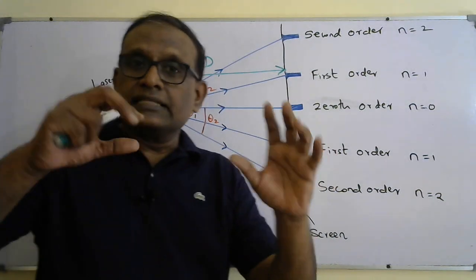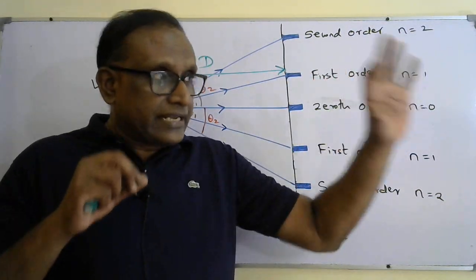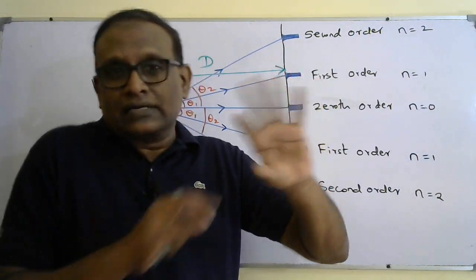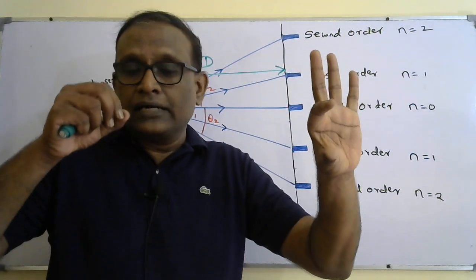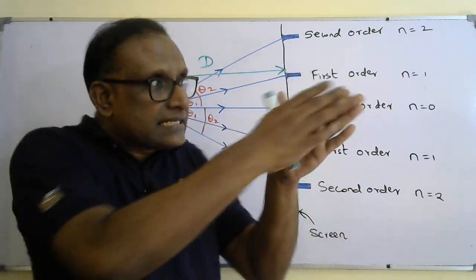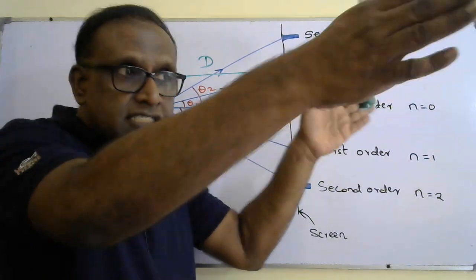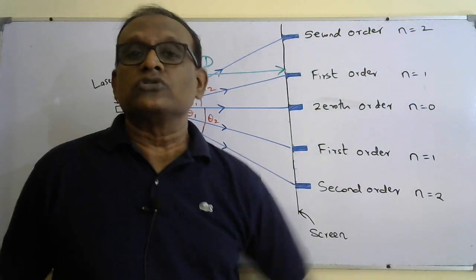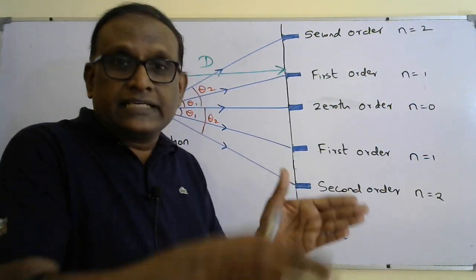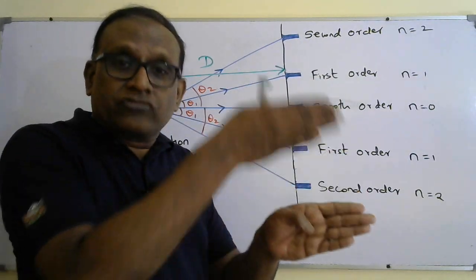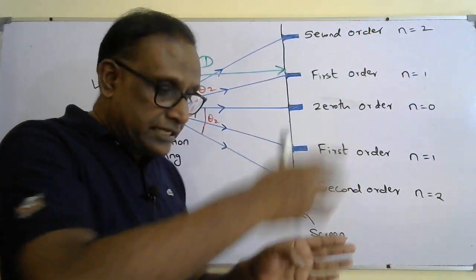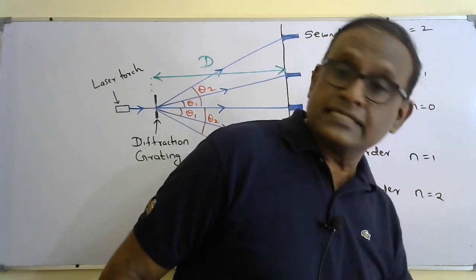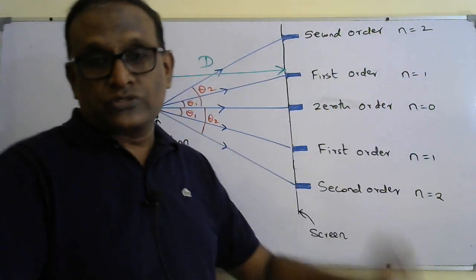If I keep a diffraction grating in front of a clear white wall, and if I keep a laser torch behind it, I can see the bright dots on the wall. The wall could be used as a screen. There I can measure the distance of the first order from the 0th order, second order from the 0th order. Very simply you can measure by using a meter rule.